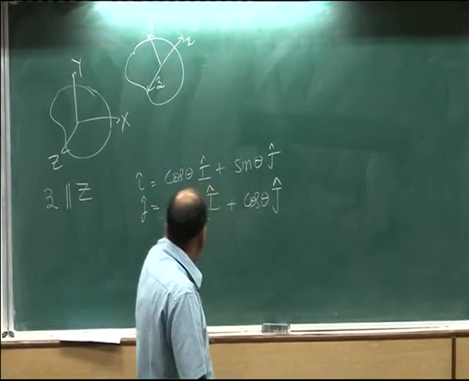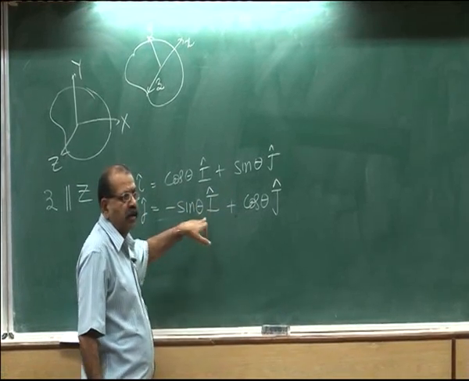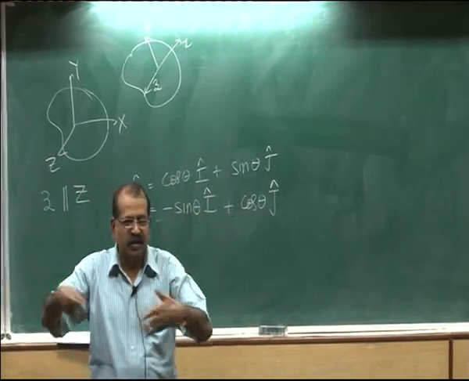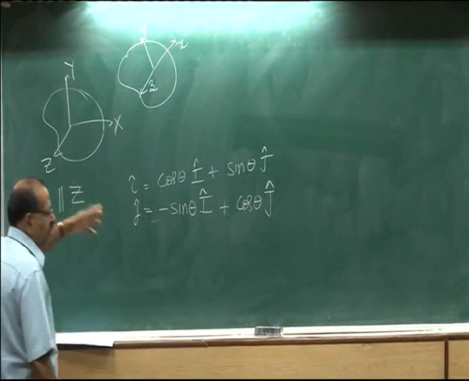Okay, I think last time when I was writing this, I had put the minus sign. It should have been here with i, which I think somebody was pointing out when things went wrong. Okay, so this is what we have for i and j.